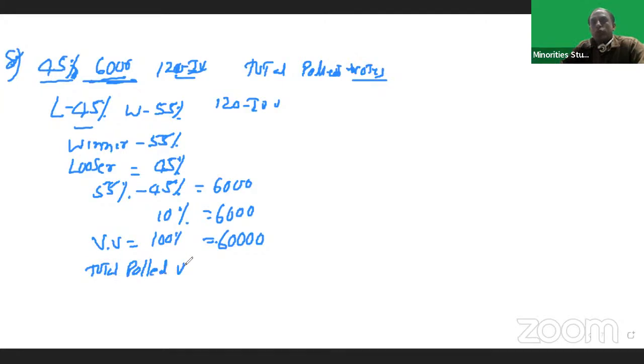Total polled votes is equal to valid votes plus invalid votes, 120.